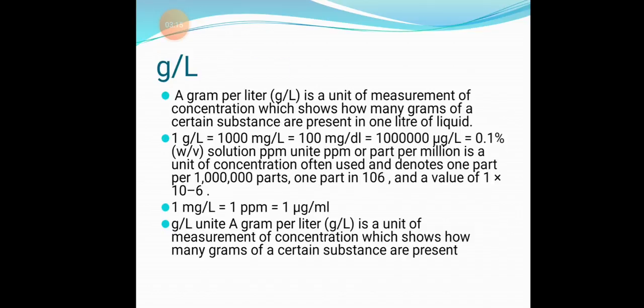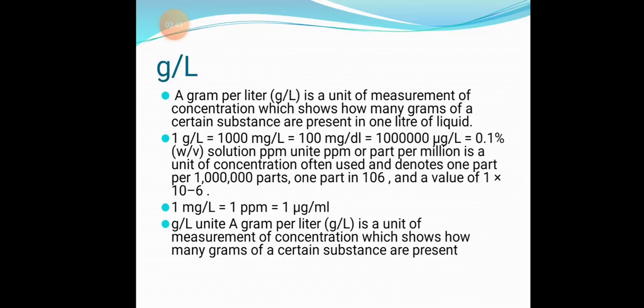Gram per liter. A gram per liter is a unit of measurement of concentration which shows how many grams of a certain substance are present in 1 liter of liquid. 1 gram per L is equal to 1000 mg per L, equal to 100 milligrams per deciliter, equal to 1 lakh micrograms per liter, equal to 0.1% weight by volume solution.